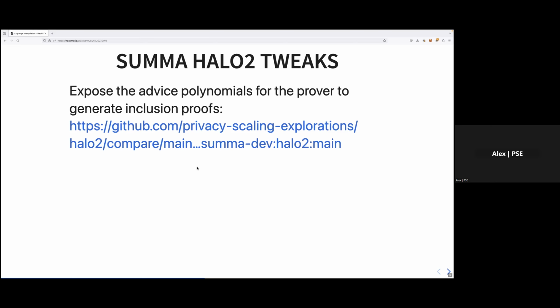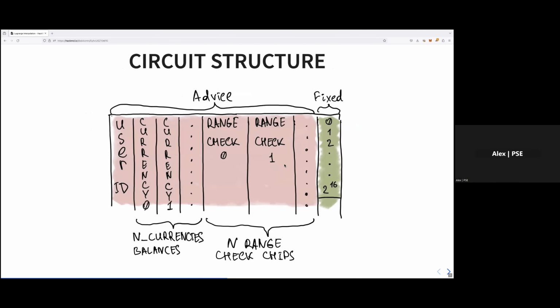So now let's take a look at our circuit structure. It is pretty straightforward. The balance polynomials are these columns here that are designated as currency 0, currency 1, and so on. And here it's time to remember that in Summa we're supporting multiple cryptocurrencies.